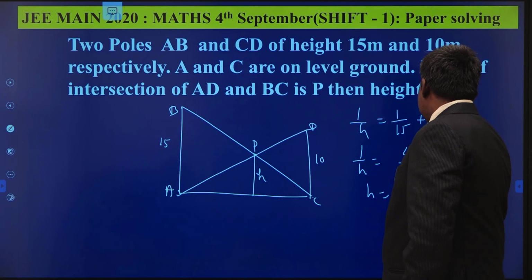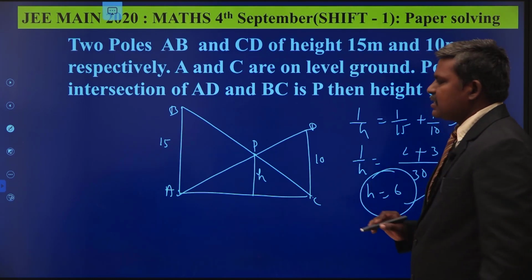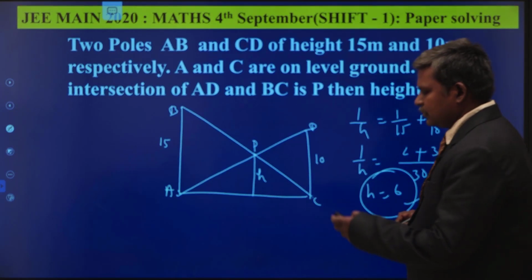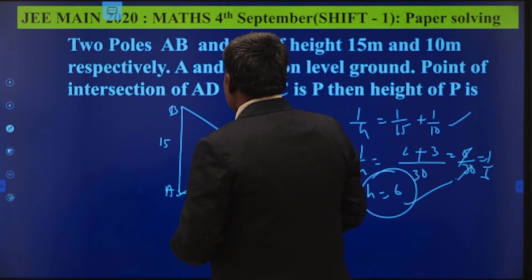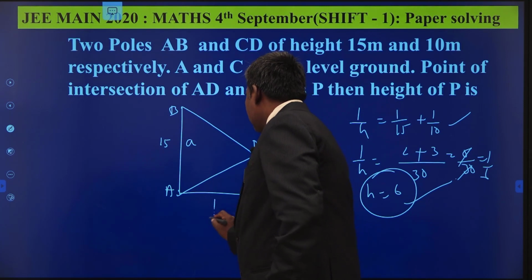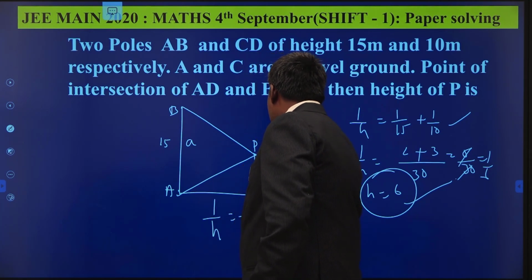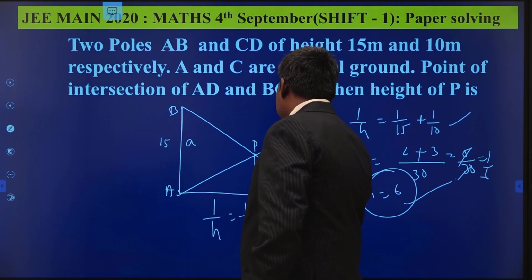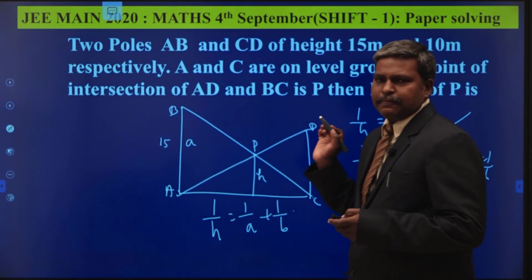So your H value is 6. This is a very simple question. So this is the relation: if the heights are A and B, then 1 by H equals 1 by A plus 1 by B, by using the similar triangle property.